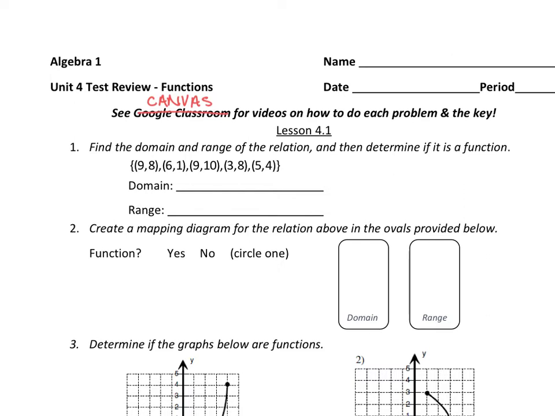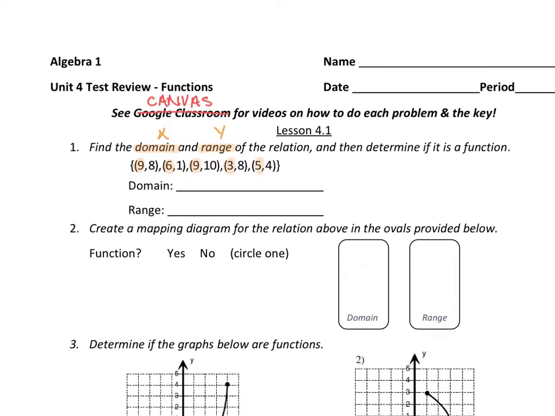This is just testing to see if you understand that the domain are the x values and the range of a relation, those are the y values. So when we have ordered pairs like this, your first number in every group, those are your x values.